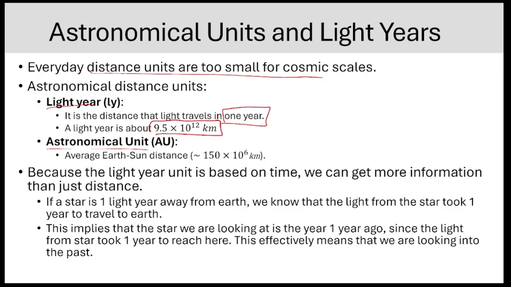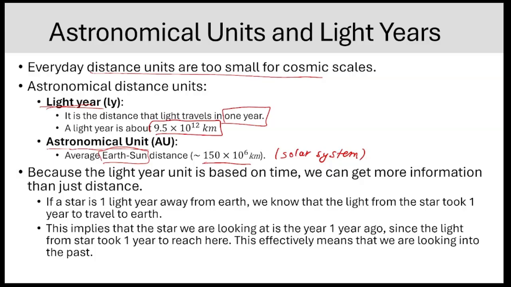And we also use the astronomical unit, which is the average distance between the Sun and Earth, approximately equal to 150 million kilometers. We generally use the astronomical unit when talking about the solar system, and otherwise we generally use light years to represent the distance between galaxies, stars, etc.